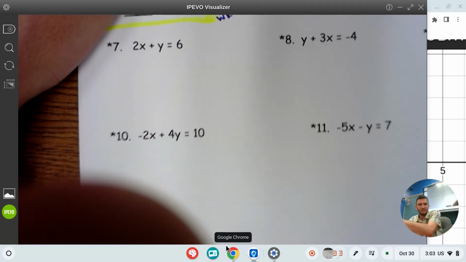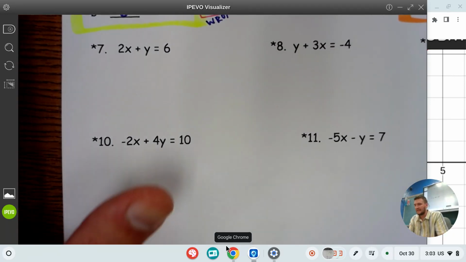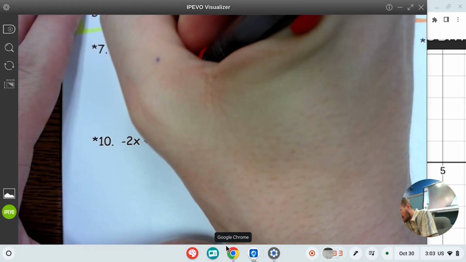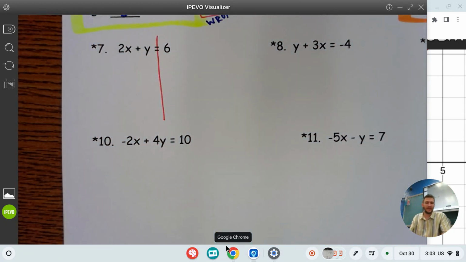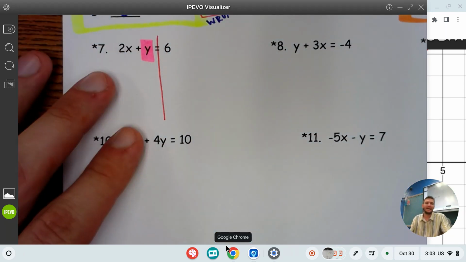All right, we're making some good progress. We're on to the bottom. Here's where we're going to see it step up a little bit in difficulty. The issue here is that are we in slope-intercept form? Are we in the perfect order of y equals mx plus b? We are not. The y is not by itself.